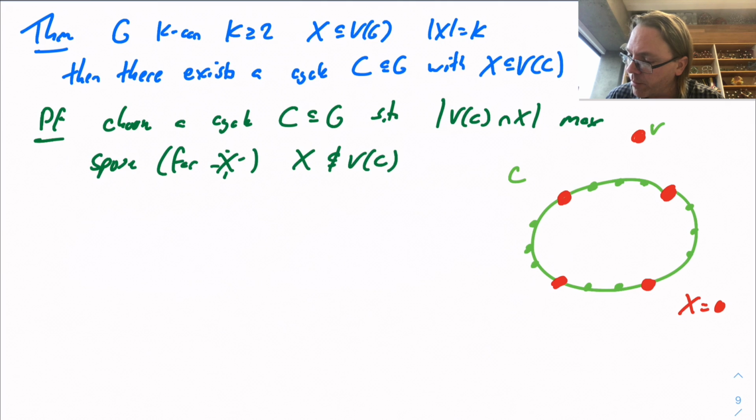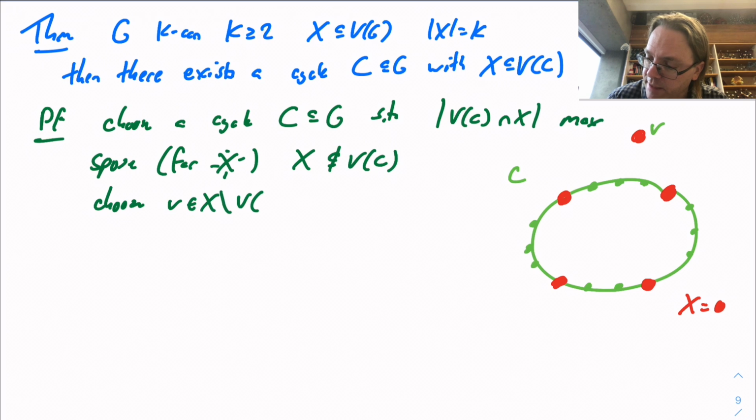I'm changing color to green for no reason. So I'm supposing for a contradiction X is not completely contained in the vertex set of C, so that means I can choose some vertex that's in X but not in my cycle. So there it is, that vertex V. I chose a cycle C containing as much of X as I could. I got some but not all.